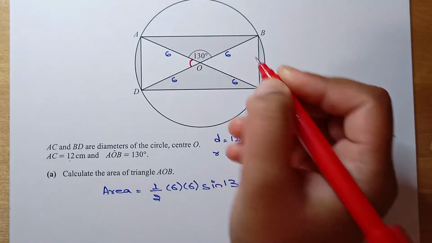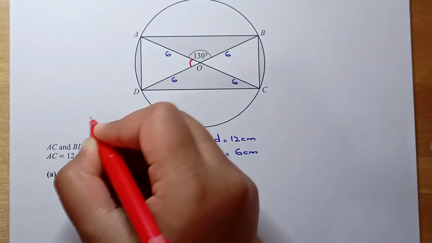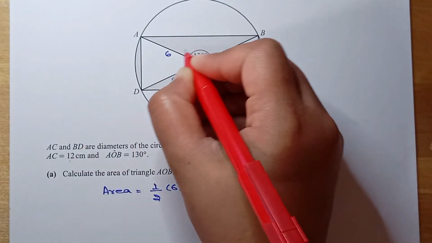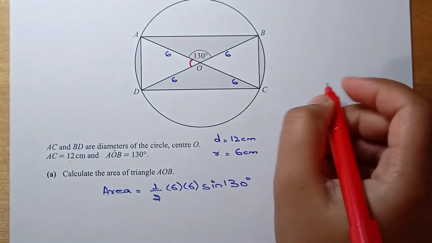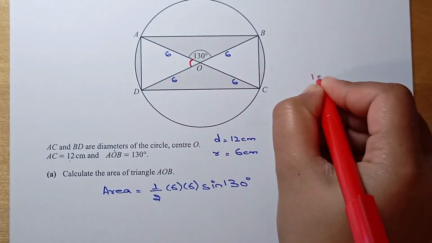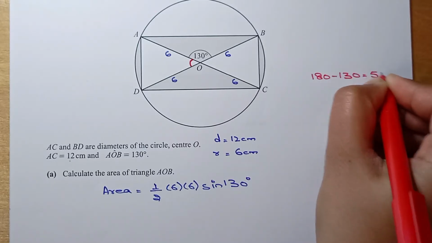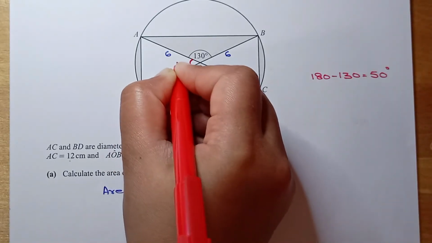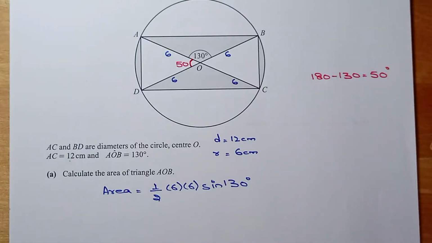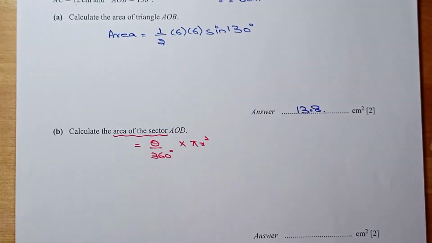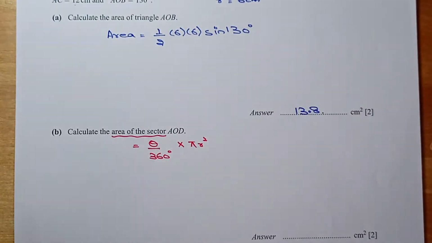How can we find this theta? As we know, BD is a straight line, so the angle is 180. So it is 180 minus 130, which is 50 degrees. This angle is 50, and the radius is 6. So just substituting the values, we can get the area of the sector.